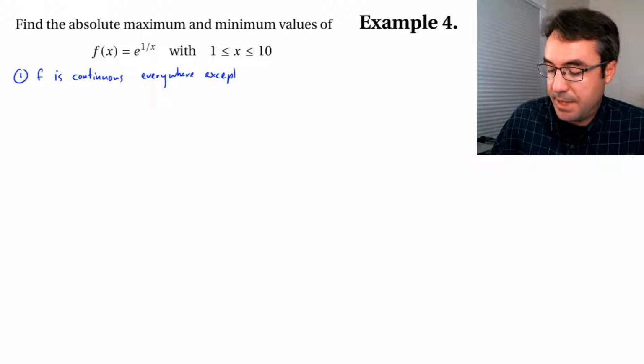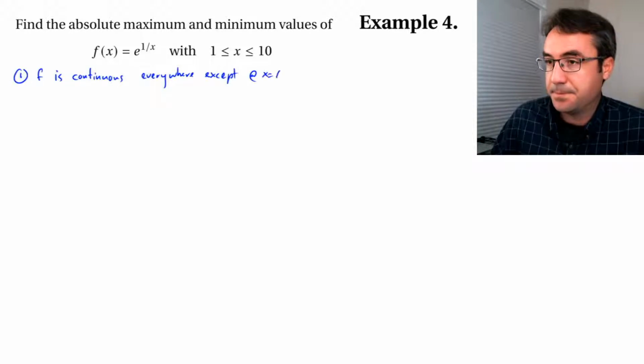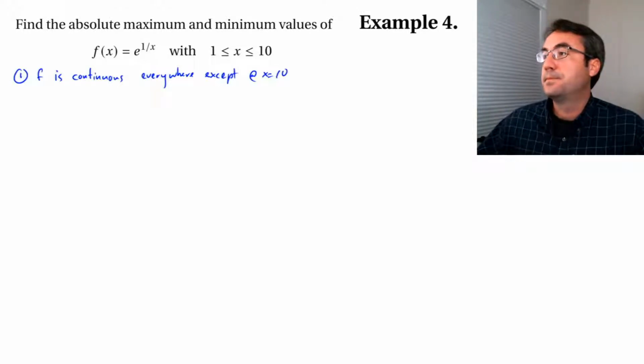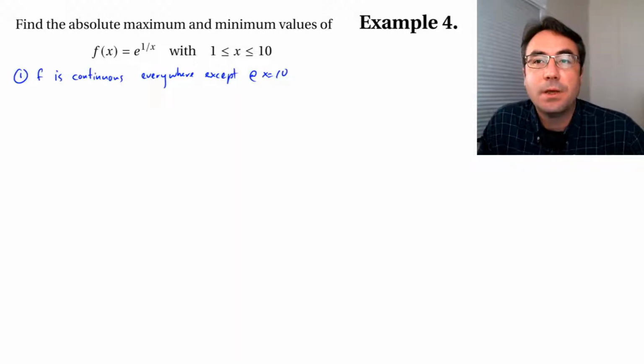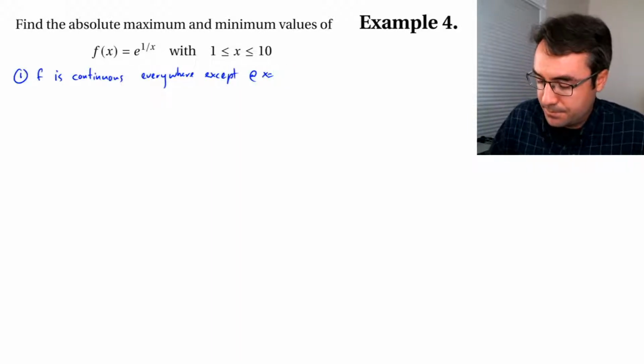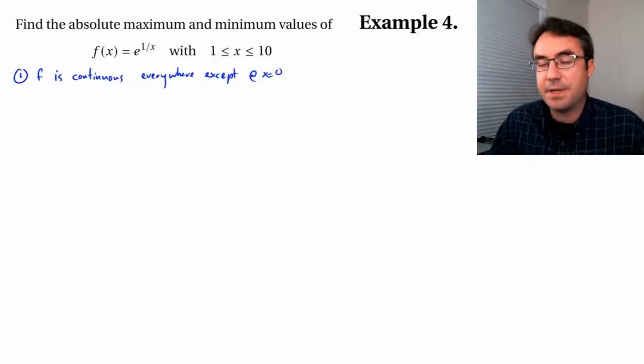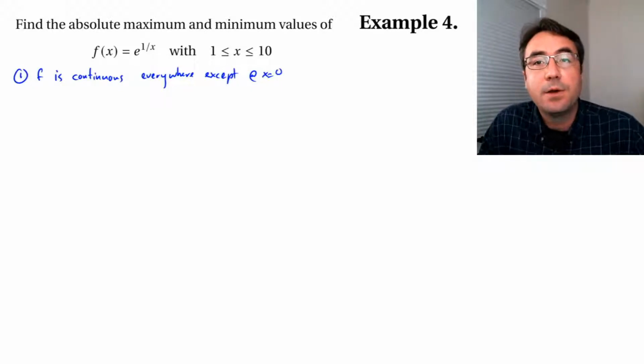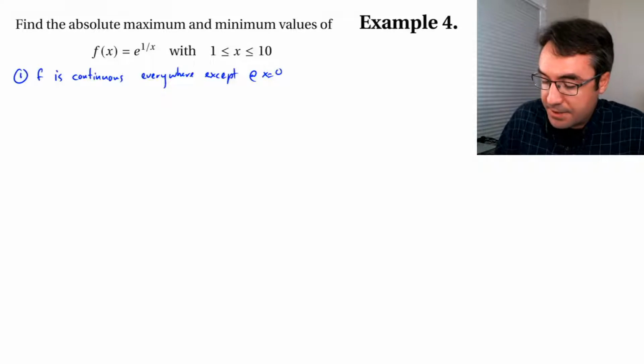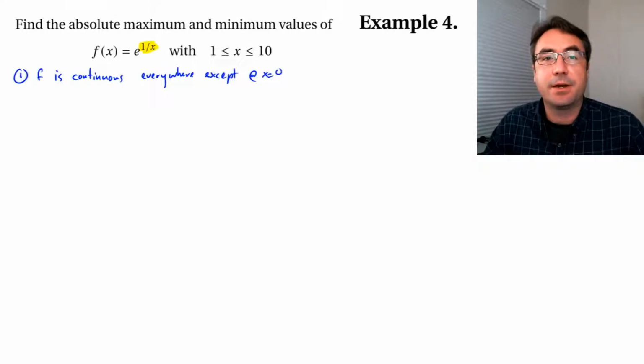except at x equals 10. Or not 10, 0. 10's okay. Everywhere except x equals 0. Why? Well, because we have that 1 over x right up there in the denominator.